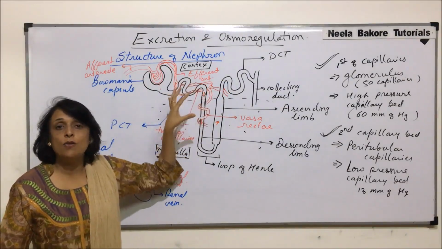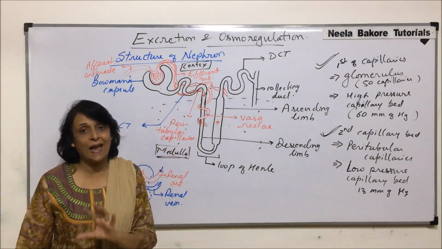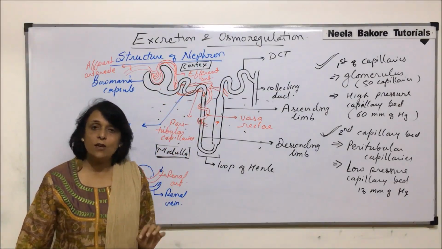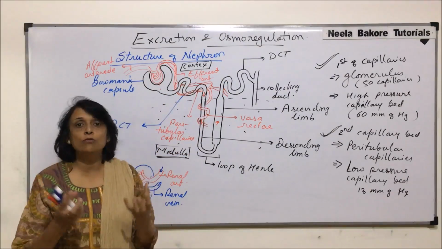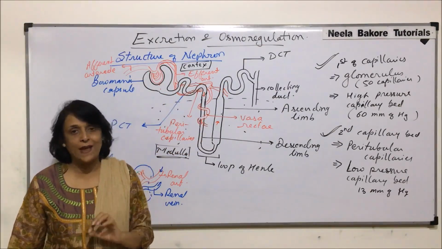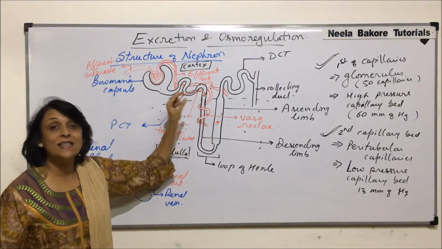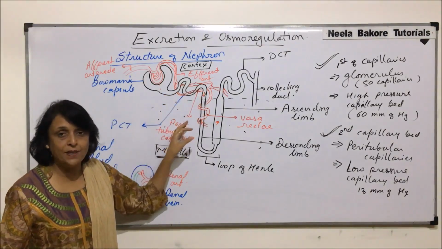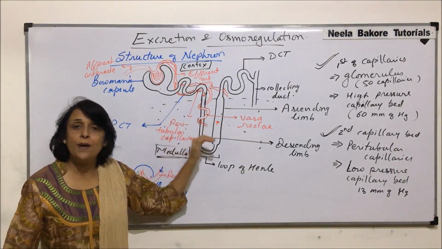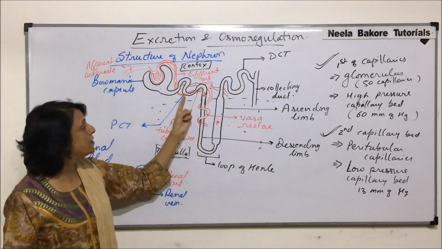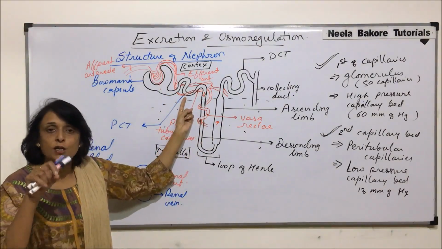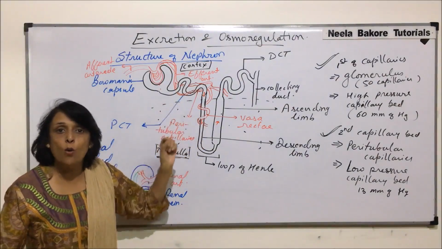This part is known as peritubular capillaries, because they are around the tubules, and it is a network of capillaries. This forms the second set of capillaries, or low pressure capillary bed, because here the pressure with which the blood is flowing through them is lower.